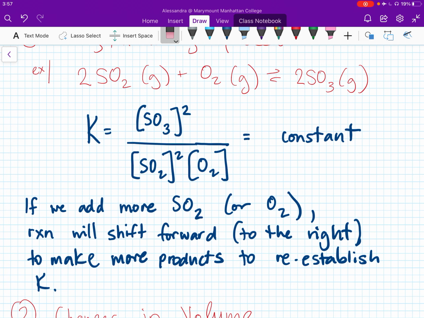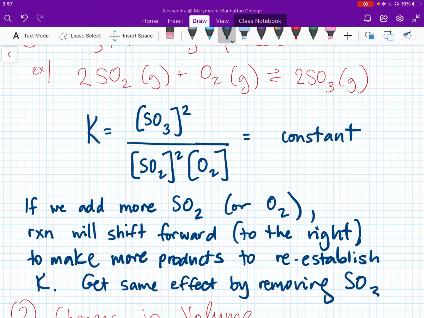So I get the same effect by removing SO3 that I get by adding more SO2. Basically, by removing SO3, I create a hole on the right side of the reaction that needs to be filled. And the reaction will shift to the right towards products to fill that hole and maintain equilibrium.